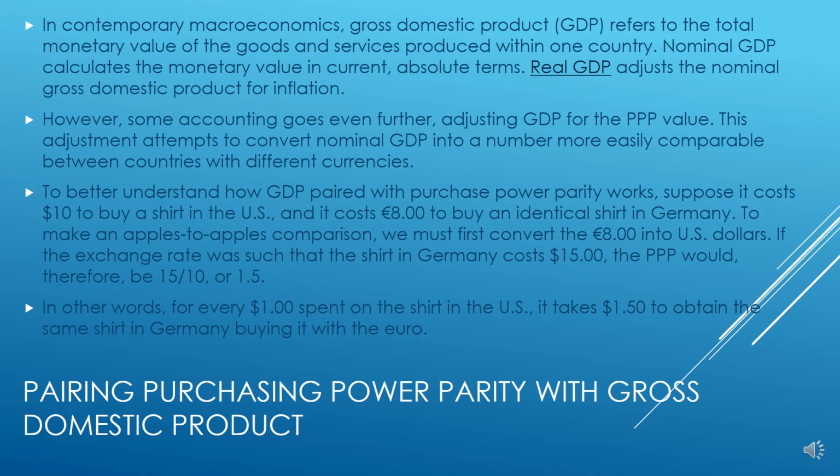If the exchange rate was such that the shirt in Germany costs $15, the purchasing power parity would have been 15 upon 10, or 1.5. In other words, for every $1 spent on the shirt in the United States, it takes $1.5 to obtain the same shirt in Germany, buying it with the euro.